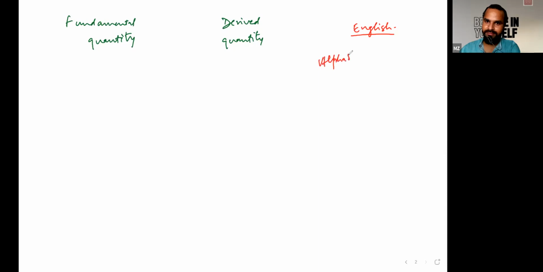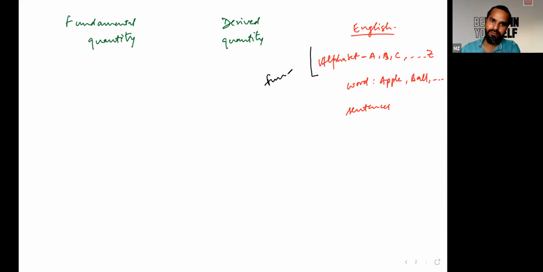It was the alphabet, A, B, C, and so on to Z. On knowing these alphabets, we start rearranging them to form words like apple, ball, and so on. After knowing these words, we start rearranging them to form sentences and so on. So from this, we can conclude the alphabet is the most fundamental for knowing the English language. So it is just the fundamental part.